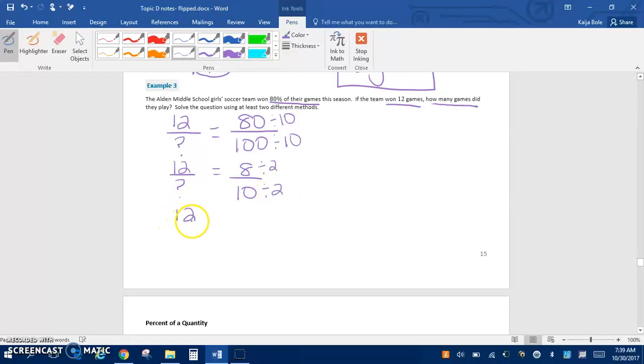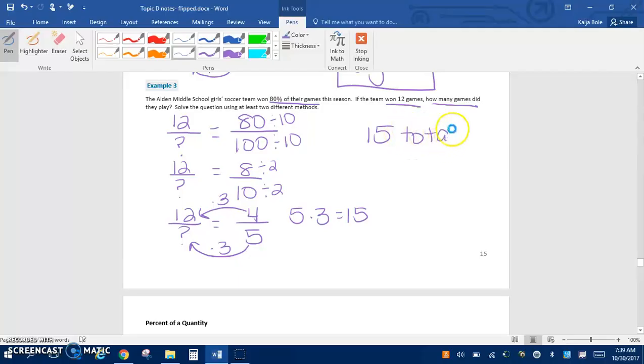So on the left we still have 12 over the question mark equals 4 over 5. Now when we draw our arrows, we do know how to get from 4 to 12. You multiply by 3. So we're going to do the same thing on the bottom, multiply by 3. And we know that 5 times 3 equals 15. So our answer would be 15 total games.